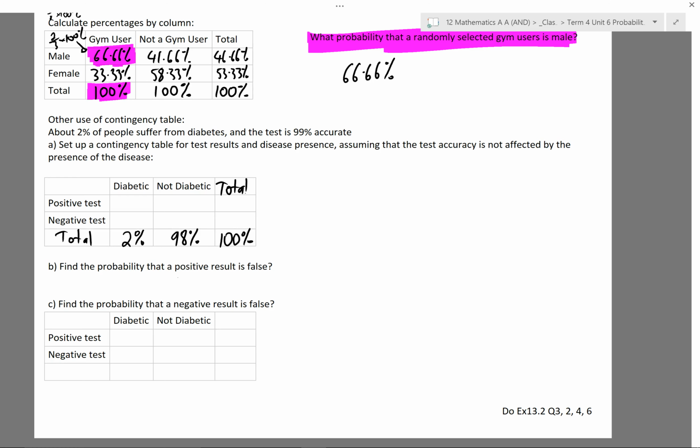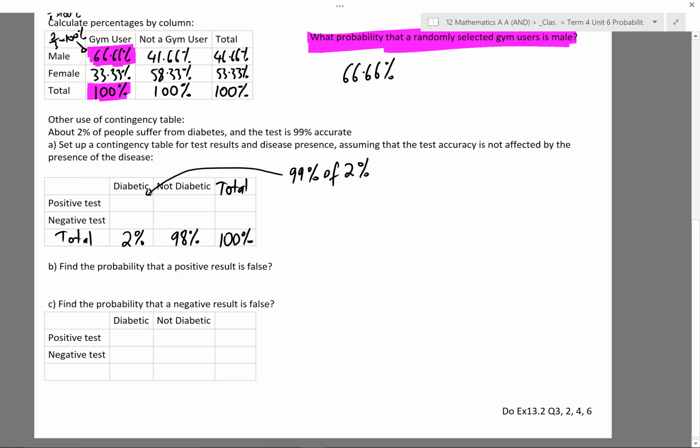So the test is 99% accurate, which means that when these 2% of people that have diabetes get tested, 99% of those will be told that they have diabetes. Okay, a positive test. Positive says, yes, you have diabetes. So in this cell here, I'm going to find what 99% of 2% is.